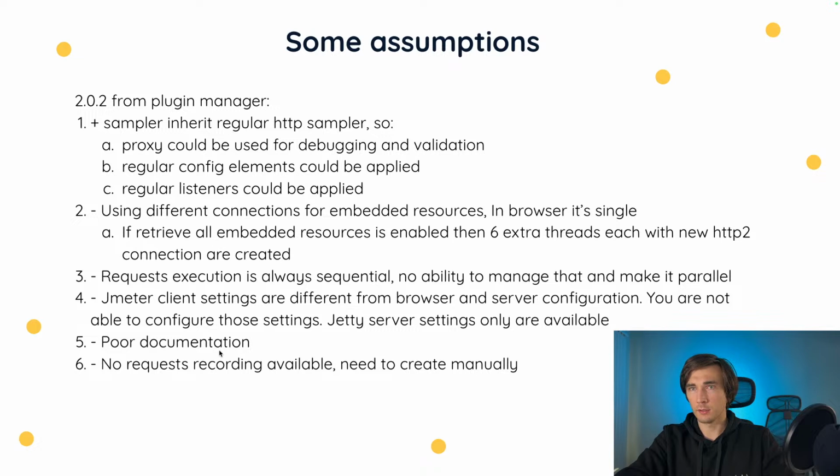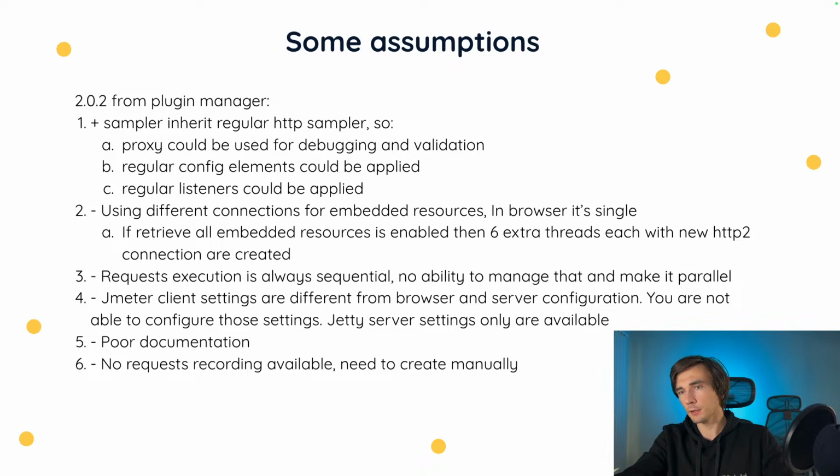Lack of documentation. The JMeter client settings frame is different from what the browser specifies, for example. And all the requests should be created manually. So how do you usually work with HTTP1 and a web application?